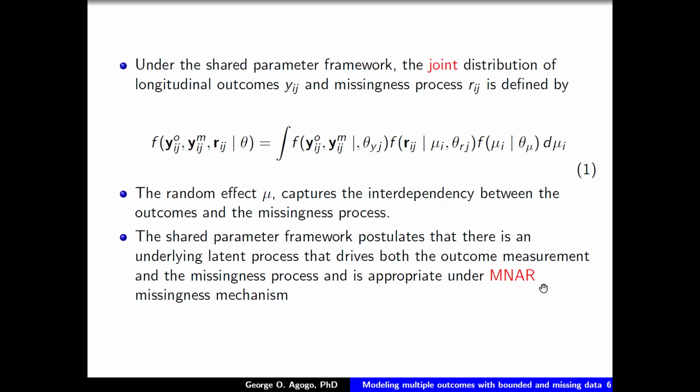Then we have missing at random: especially in a longitudinal study, the susceptibility of subsequent measurements to be missing is influenced by what was observed in the current wave or time point. Whereas missing not at random means that the probability of a missing outcome in a subsequent visit or measurement is influenced by unobserved characteristics. So it is a very flexible way of modeling missingness.